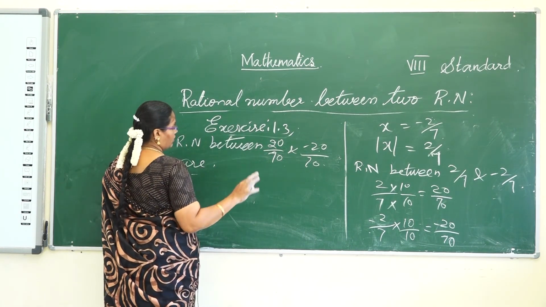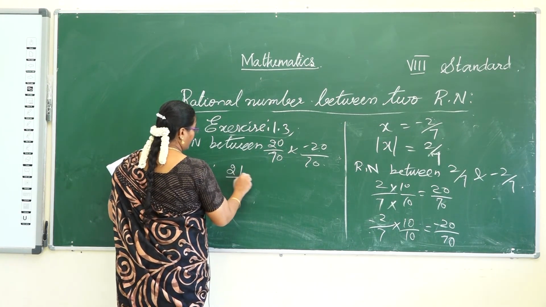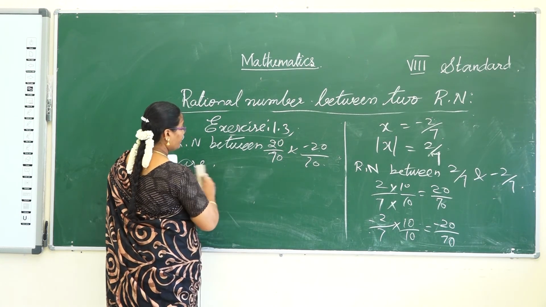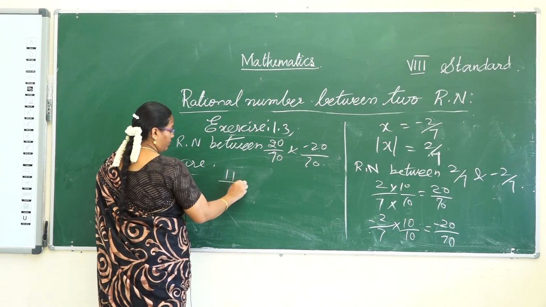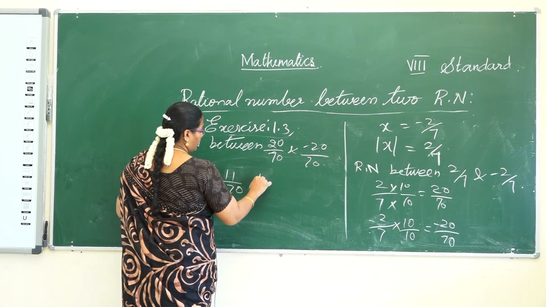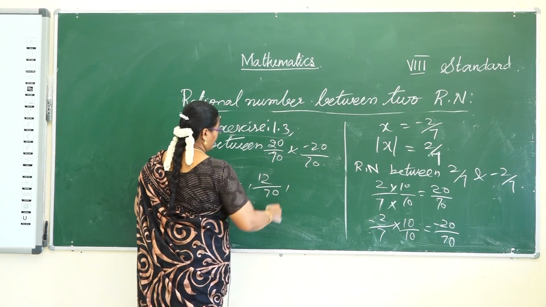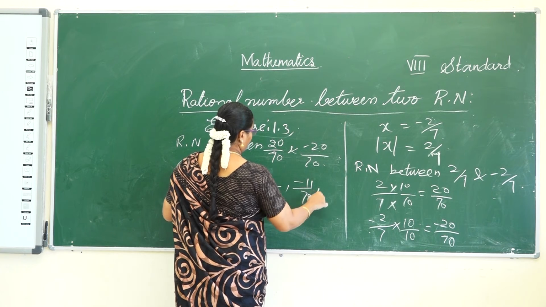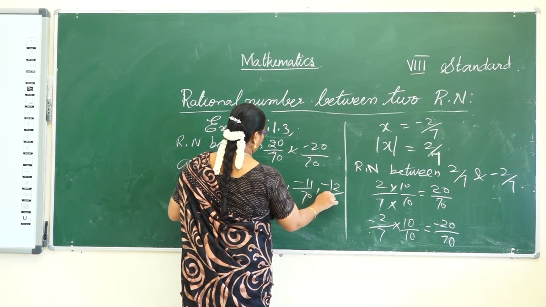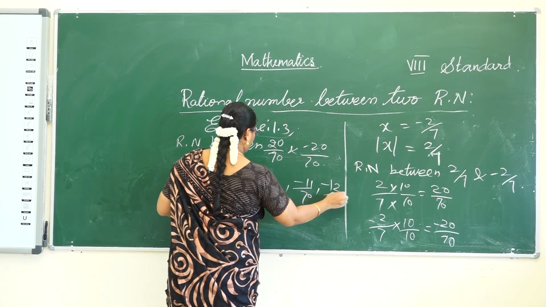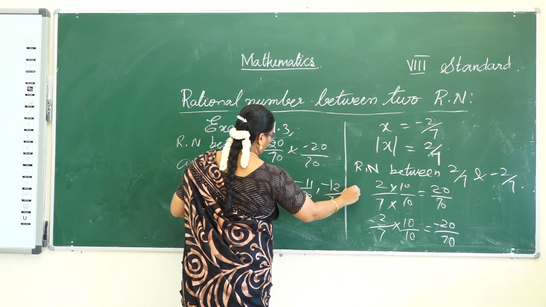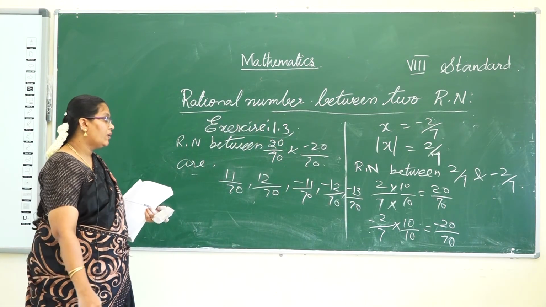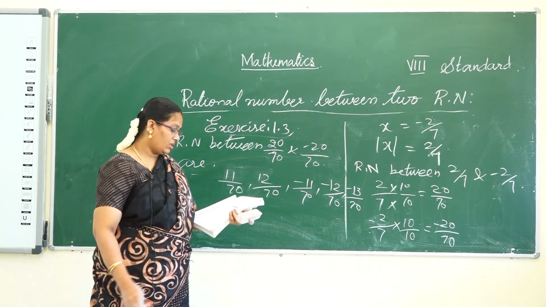Only 4 rational numbers are asked. So 11 by 70, 12 by 70, minus 11 by 70, minus 12 by 70, and one more number, minus 30 by 70. That's all. These are the rational numbers between 20 by 70 and minus 20 by 70.